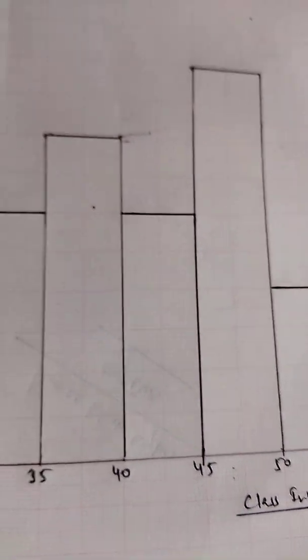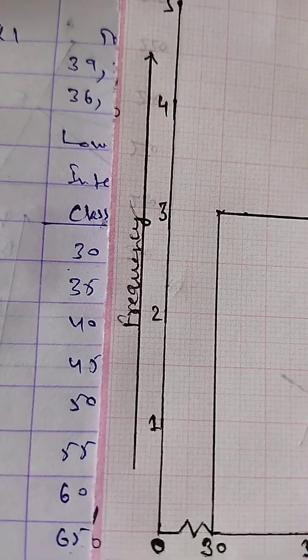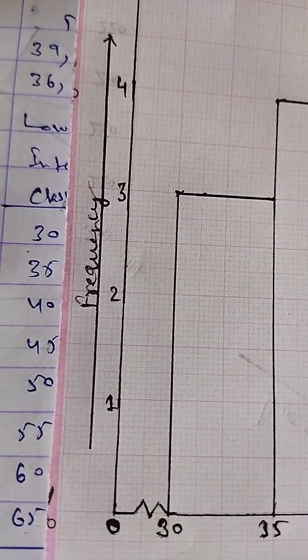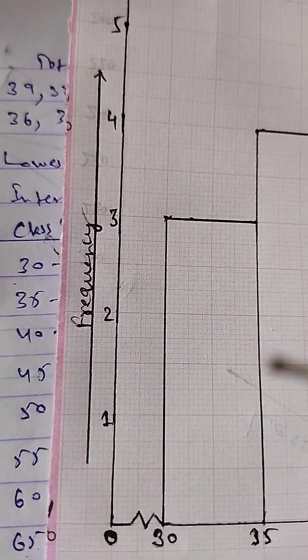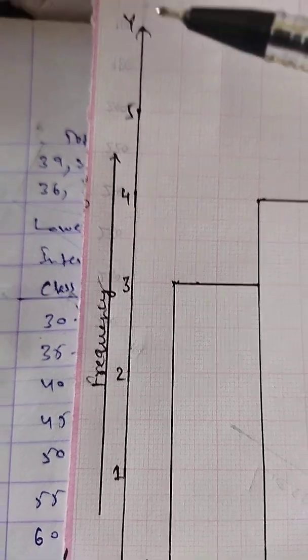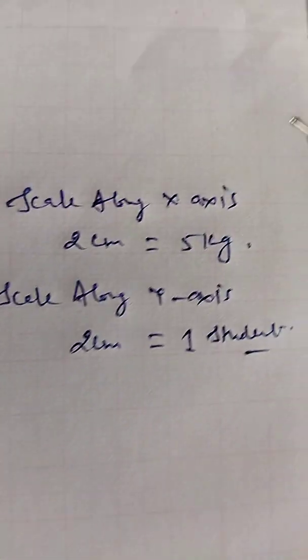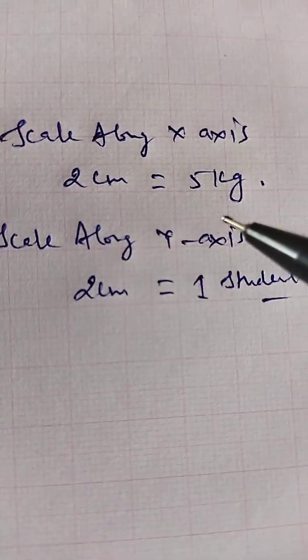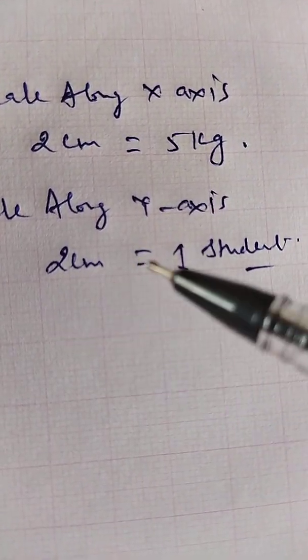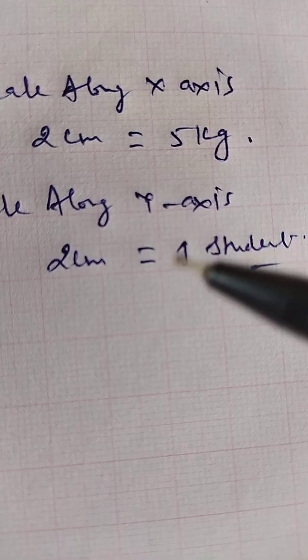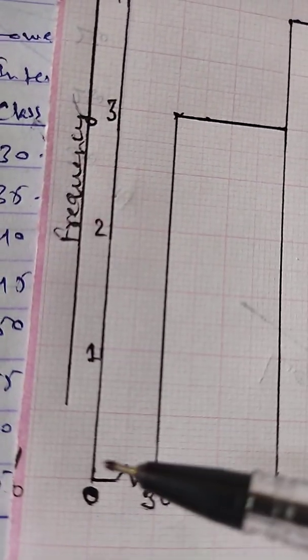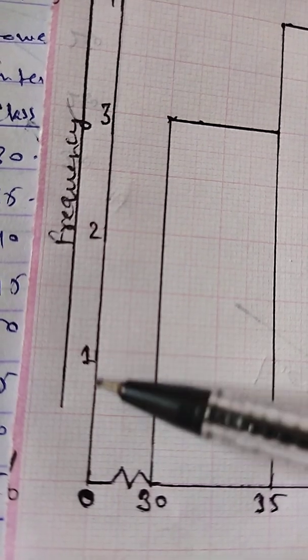Then along the y-axis, as I explained yesterday, that is the frequency of these class intervals respectively. You need to mention along the y-axis. So that scale I have mentioned there, scale along y-axis, 2 centimeter is equal to 1 student. So this is the number of students. So 2 centimeter, again I have taken 2 boxes is equal to 1 student.